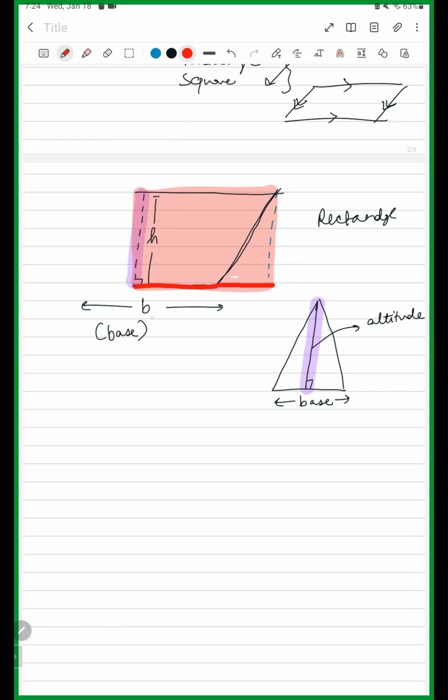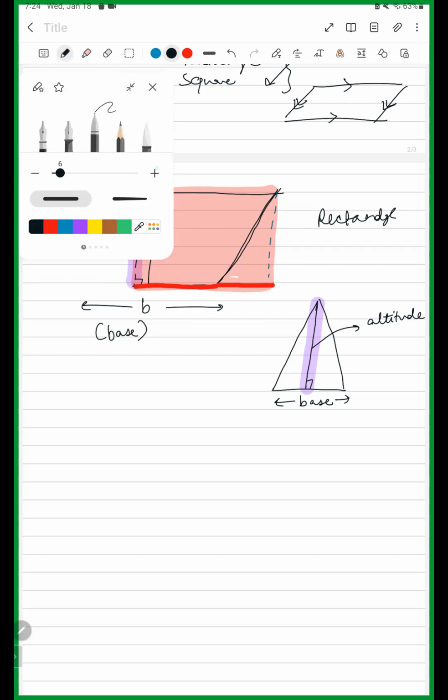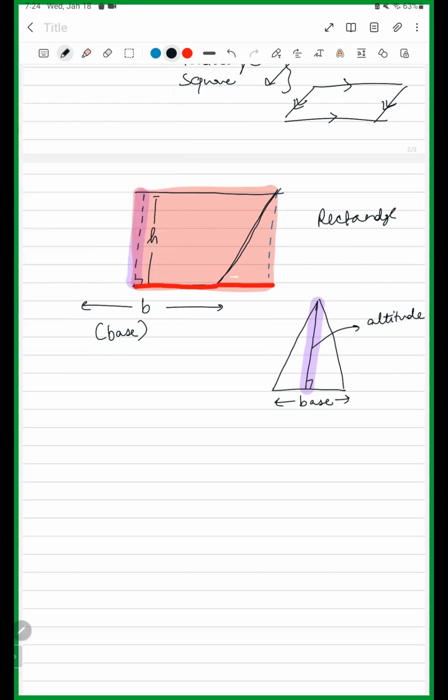Yeah, b. और इसका ये जो breadth हो गया, how much is that? h, है ना? Yes. एक side इसका b हो गया, but the height, right? I'm talking about the rectangle. So rectangle के दो sides क्या हो गए? एक b हो गया और एक h हो गया, right? Yes. The height and the breadth.